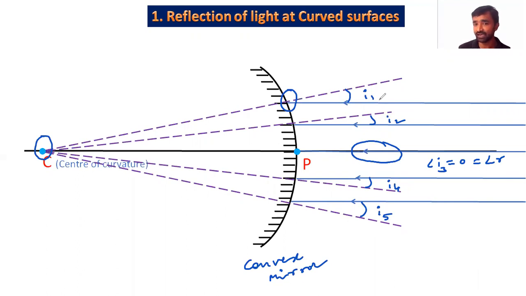After measuring I1, I2, I3, I4, what to do? Measure the angle of reflection. R1, R2, R3, sorry, R4, because R3 is already completed. Then R5.